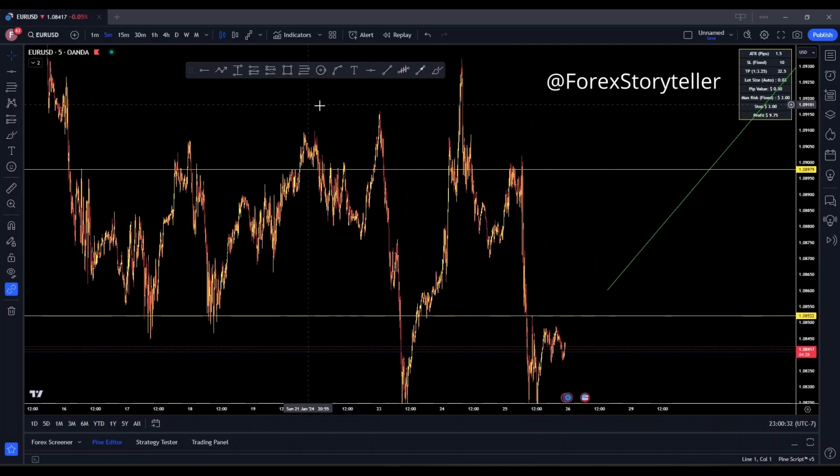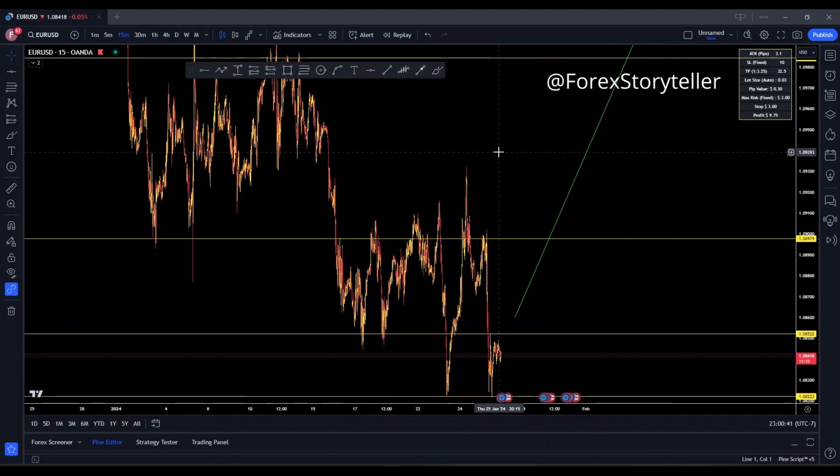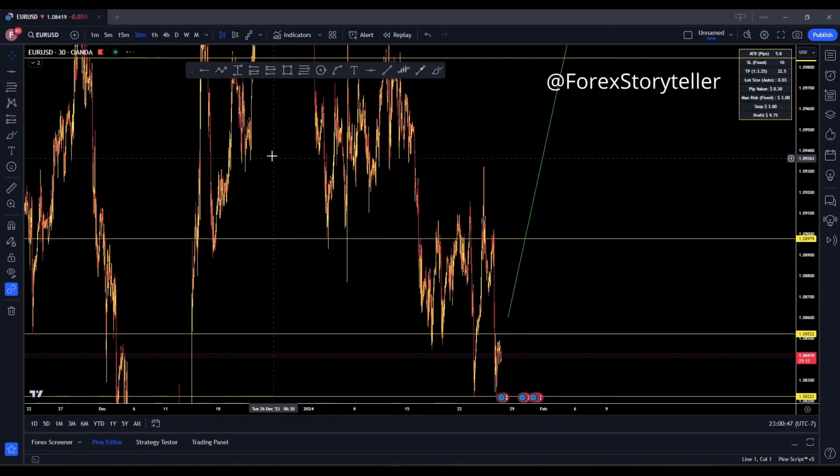But one thing you have to keep in mind is that whenever you're going down, the action on this chart is going to be more relevant to the 15-minute chart than it's going to be to the hourly. The 30-minute chart is going to be above the 15, and they're going to rely on the next level up.